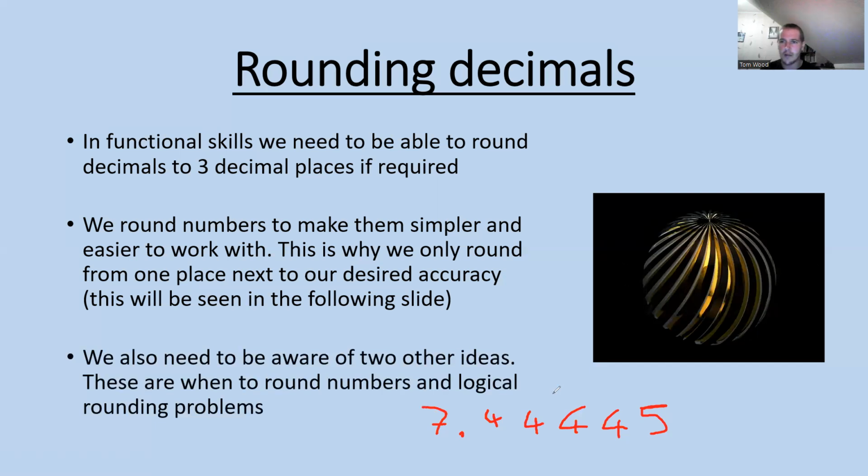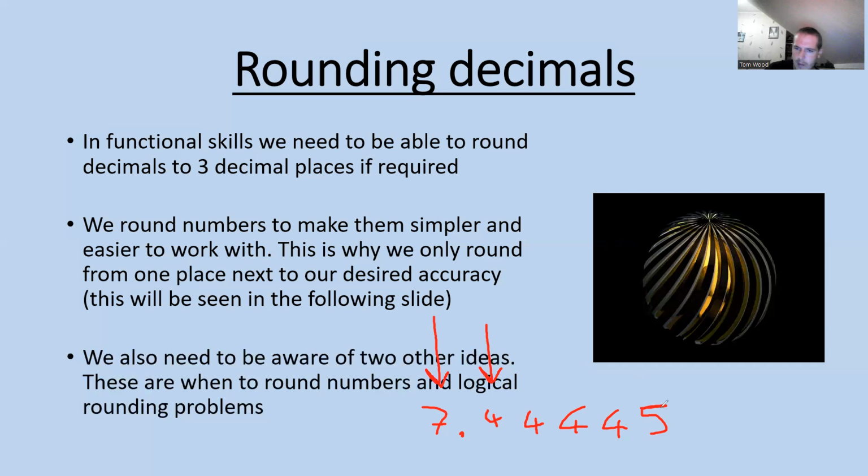If I'm rounding this to 1 decimal place, or we can even say to the nearest whole number, the idea is that I'm saving time. So let's say I'm rounding to the nearest whole number. I'm only going to look at the next number. So I'm going to say, all right, well, 7.44445. Right, what to the nearest whole number? Right, 7.4. Is it closer to 7 or closer to 8? That's all I'm doing.